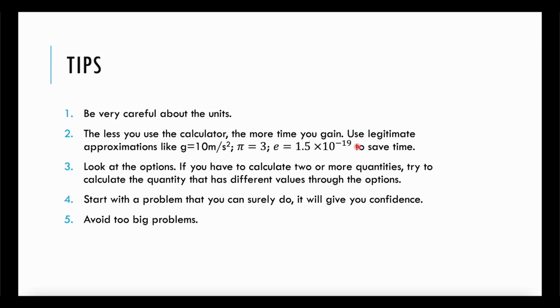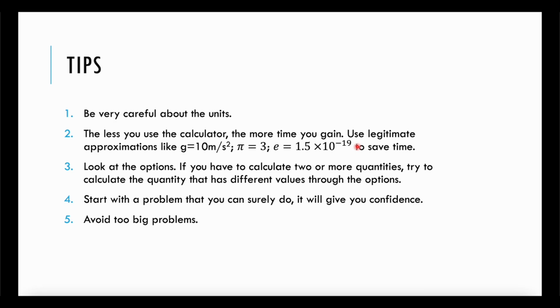Few tips that you all know, but let me speak out. So be very careful about the units. Sometimes you need to multiply pressure times area, and the area was given in centimeter square and the pressure was given in Pascal, so you need to multiply by a 10 to the power minus 4 factor.